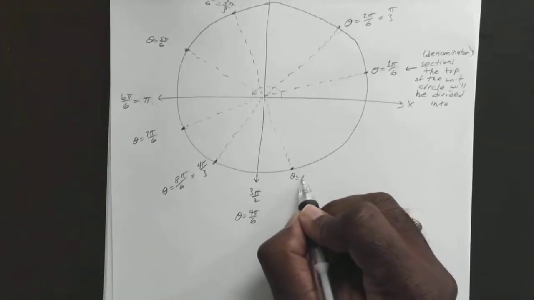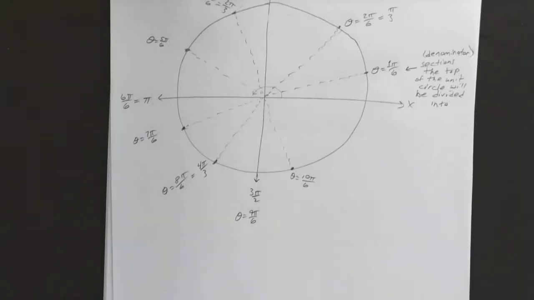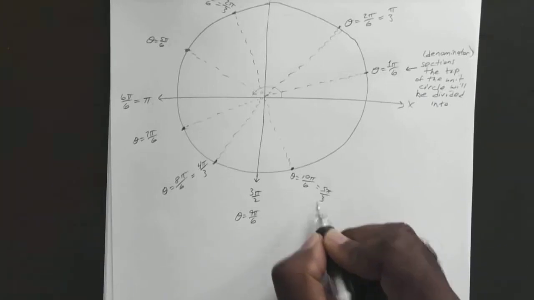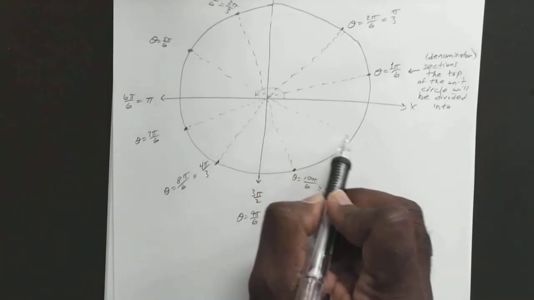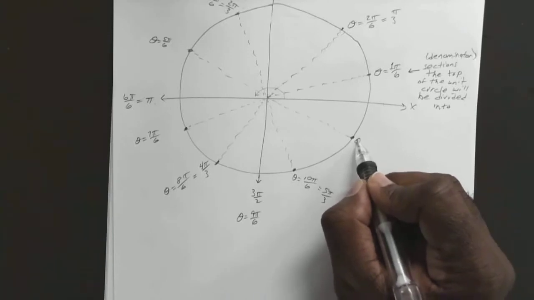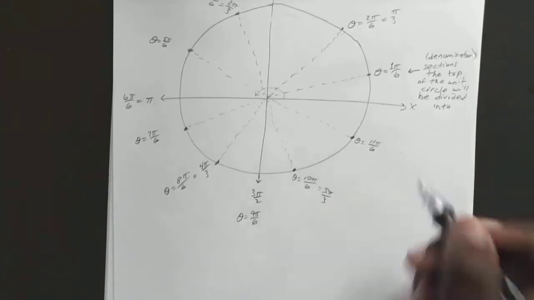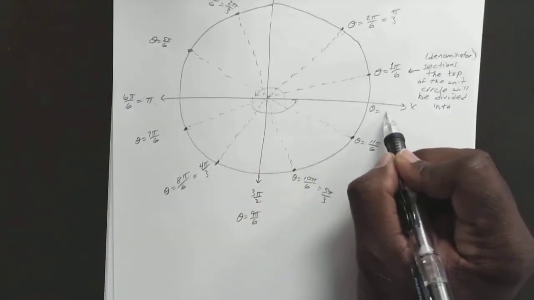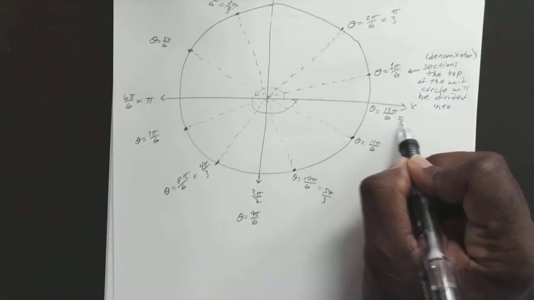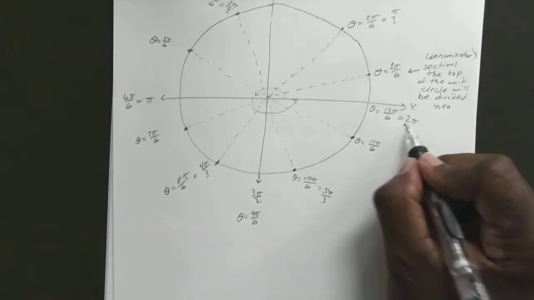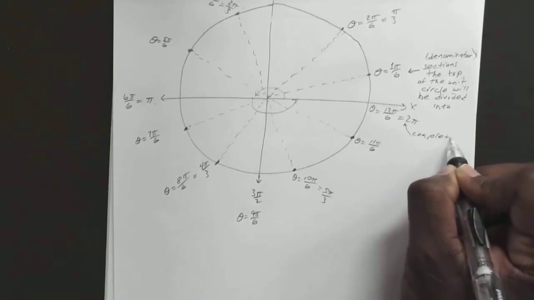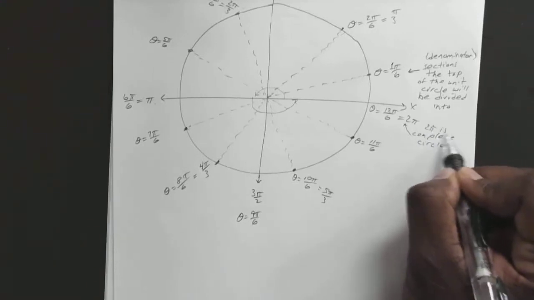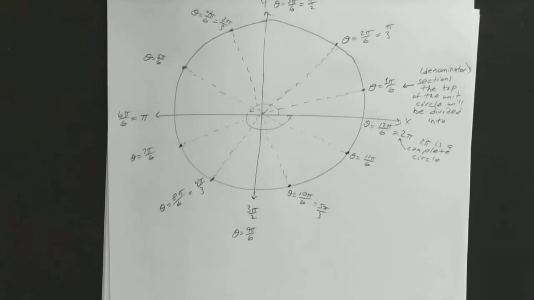That will give us 10 pi over 6, which simplifies to 5 pi over 3. Then we have 11 pi over 6. And then when you go one complete circle, 12 pi over 6, which is just 2 pi. So that's a complete circle. So 2 pi is a complete circle.